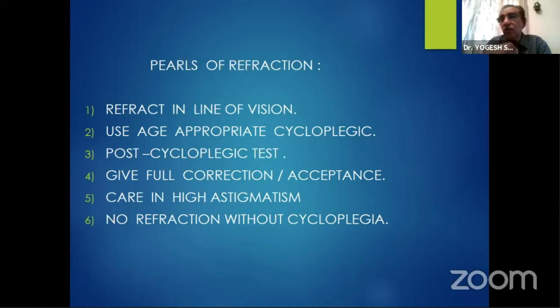And when I called that child for the post-cycloplegic refraction, what you call PMT, post-mydriatic test, or post-cycloplegic test, there was a lot of difference between what the child was accepting and what I had found in the cycloplegic refraction. So then I couldn't use the cycloplegic because of certain problems.